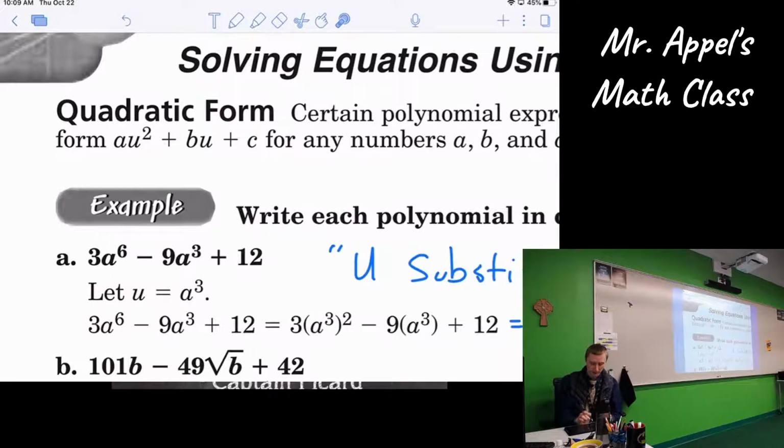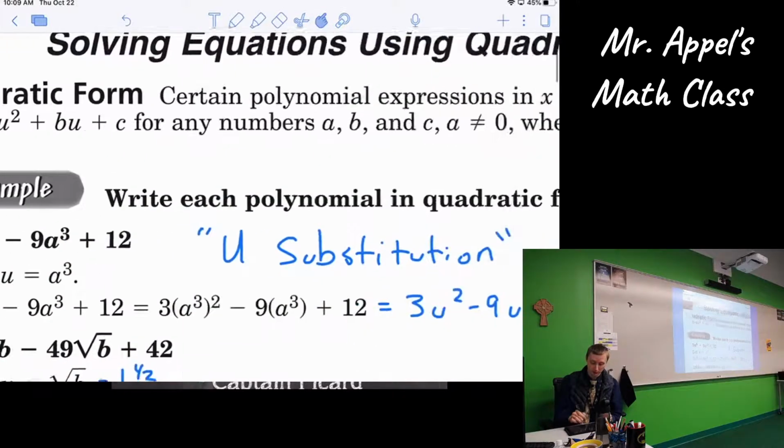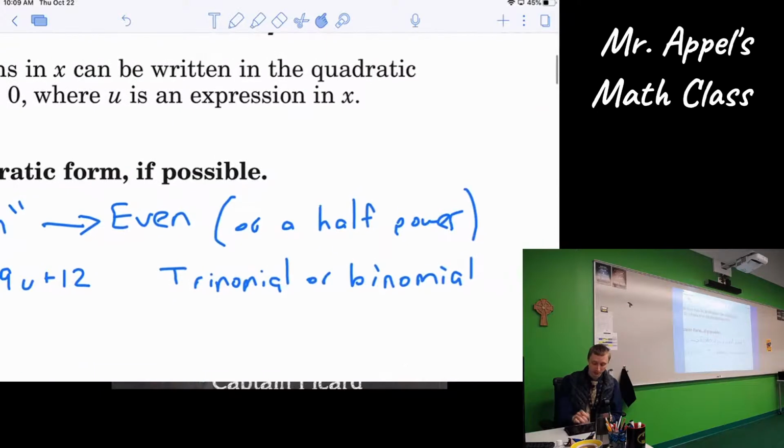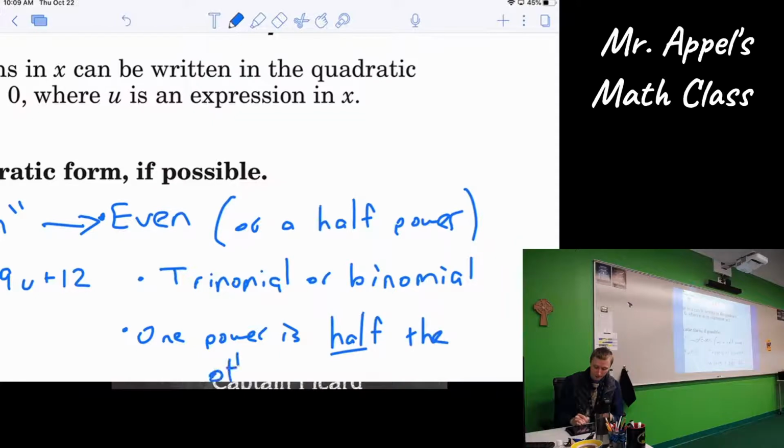In fact, if you have a trinomial, your second term, even better, like we need an even power, we need a trinomial or binomial, and even more specifically, one power is 1/2 of the other. Okay?